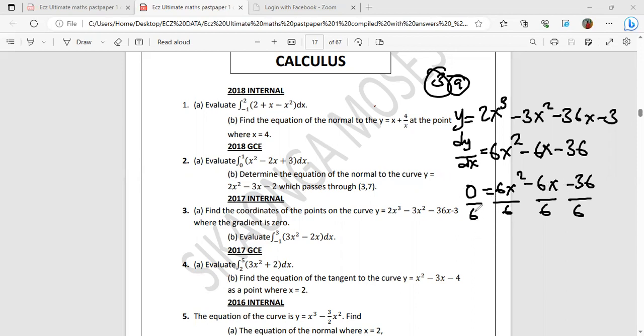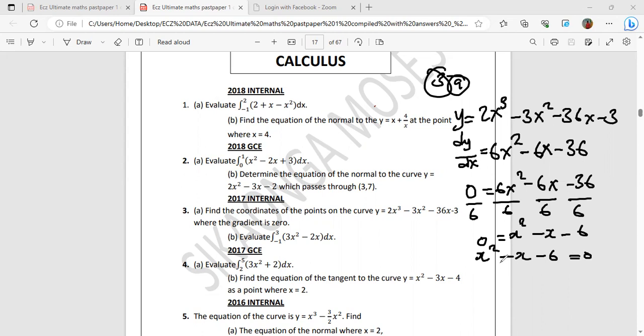So 6 into 0 is 0, equal to x squared, 6 into 6 is 1, we have x there, and 6 into 36 is 6. So rewrite this as x squared minus x minus 6 equal to 0.